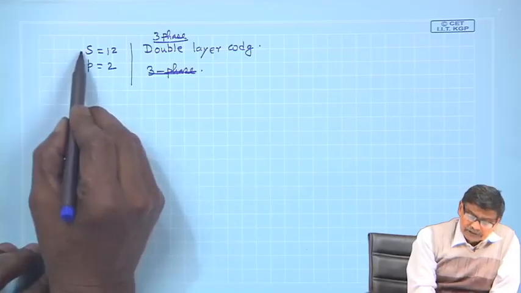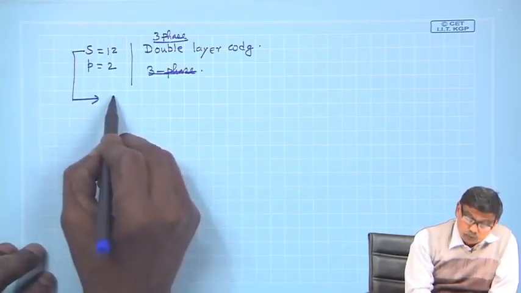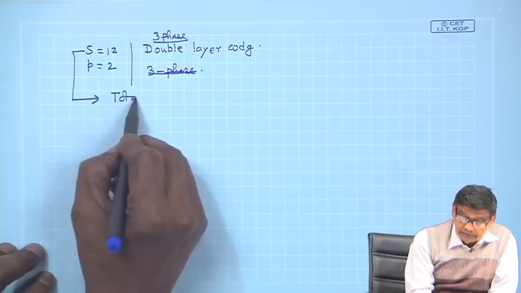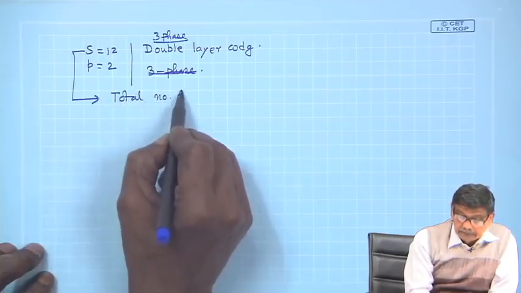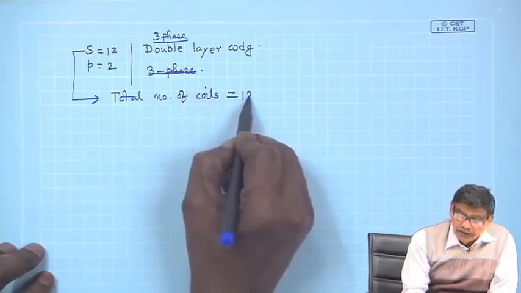As you know, S equal to 12 tells me that the total number of coils is also equal to 12.